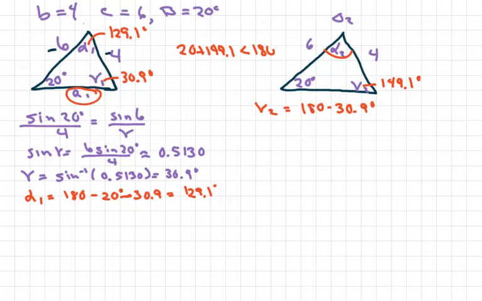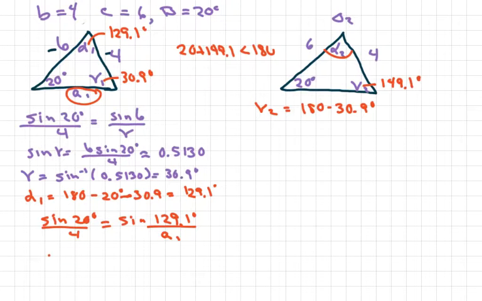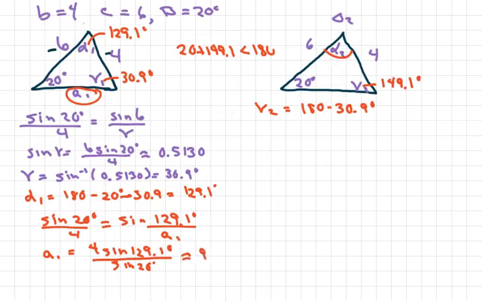So then we're going to take sine of 20 over 4 equals sine of 129.1 over A1, and you cross multiply and you get A1 equals 4 sine of 129.1 degrees over sine of 20, which is approximately 9.08.